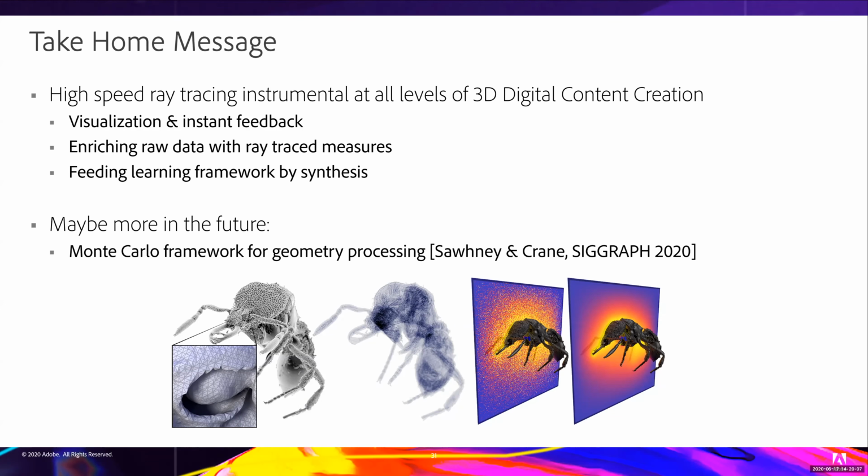I find it very interesting because geometry processing has an even much wider impact on visual computing than rendering, and starting to use ray-based techniques to solve that kind of problem means that real-time ray tracing can have impact way beyond the production of images.